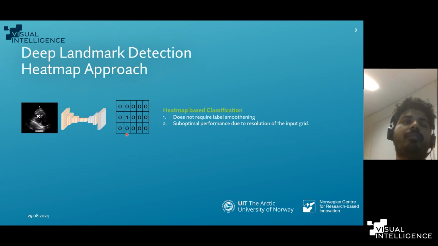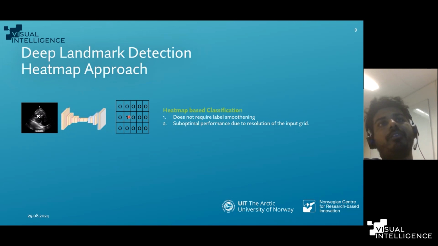In the classification based heat map regression, the idea is to divide the heat map into a grid where each grid cell provides a likelihood score. I mean, the neural network provides a likelihood score of whether the landmark is present or absent in this grid cell. So based on post-processing or a thresholding scheme, we can determine if the landmark is available at this particular location or not.